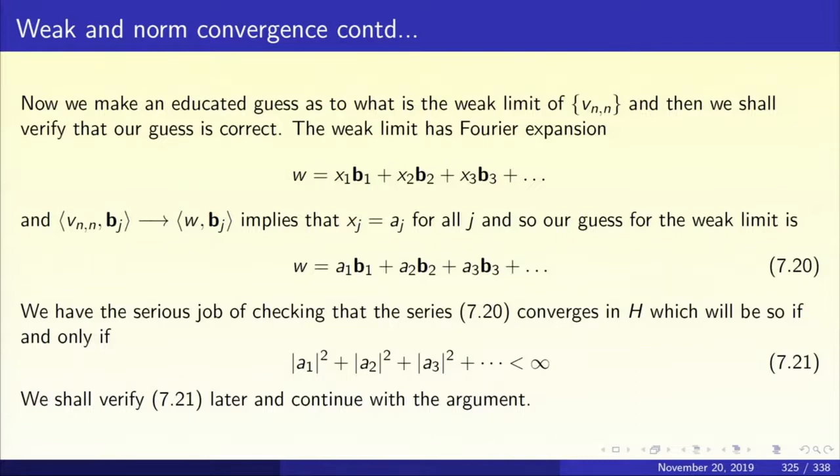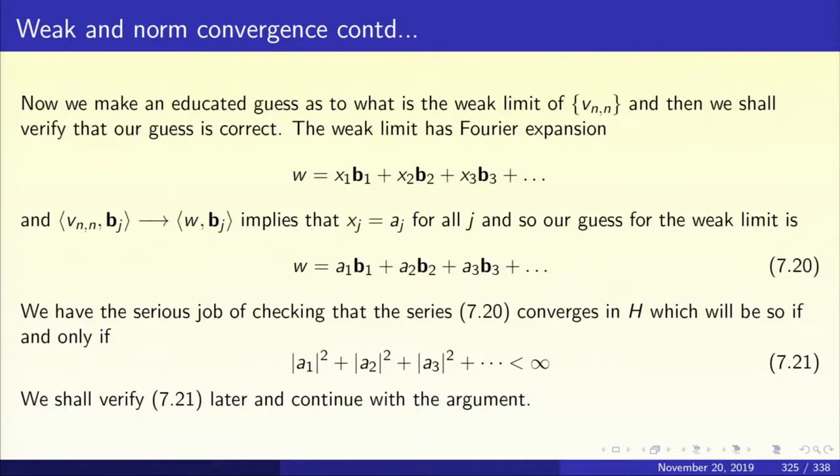Display 7.20 in the slide. Well, we have guessed what the weak limit is going to be, but there's one small problem. Does the series 7.20 converge in the Hilbert space H? When will this display 7.20 converge in the Hilbert space? If and only if 7.21 holds.